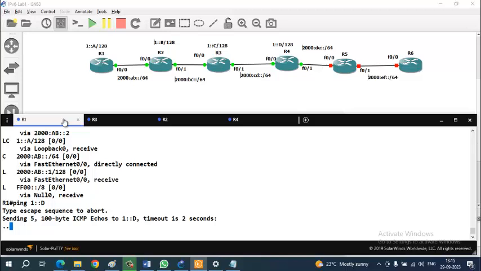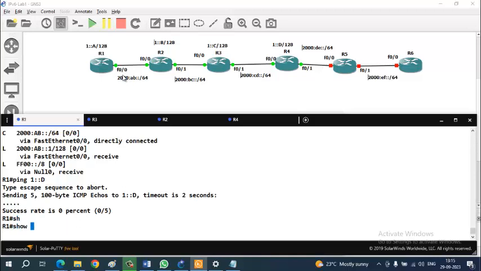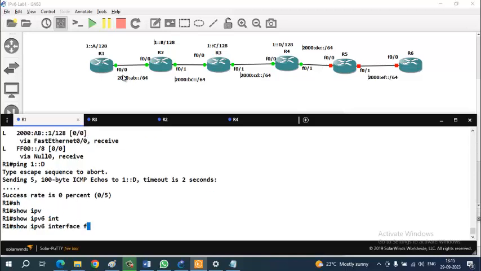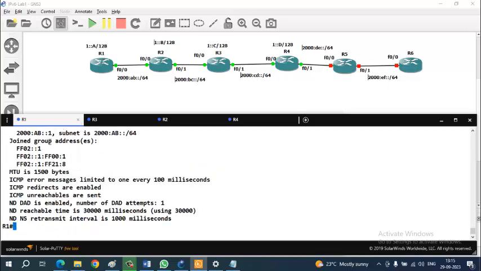The command and all it will accept, but the routing service is not enabled. How do you know that? You can know that by going to an interface and checking show IPv6 interface F0/0. See, there is a multicast address called FF02::1 only.